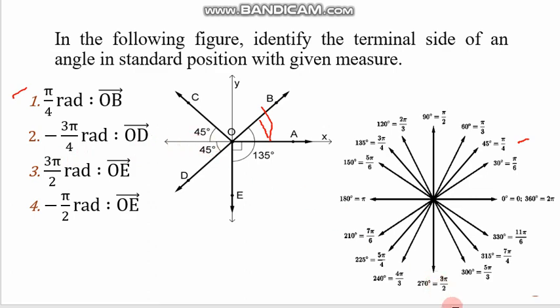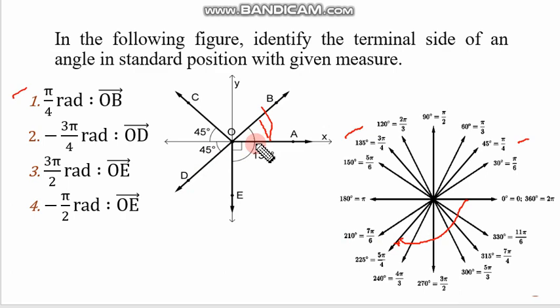Number 2, negative 3 pi over 4 rad. Now, according to our figure, the positive 3 pi over 4 is here. Therefore, the equivalent of that in degrees is 135 degrees. And this is negative, so from here to here.